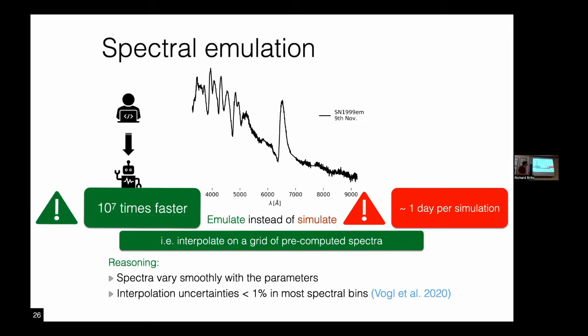And in fact, Christian has shown in a paper that the errors that you make with emulation versus full simulation are almost in almost all circumstances below 1% per spectral bit. So that's very little and will never become a relevant or dominant error term when thinking about the error bar on the Hubble constant.